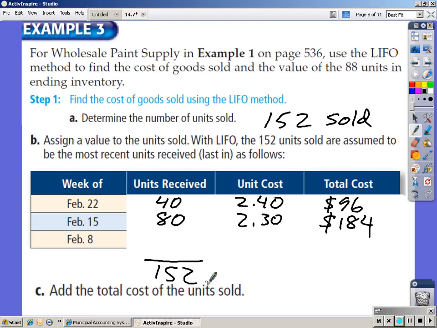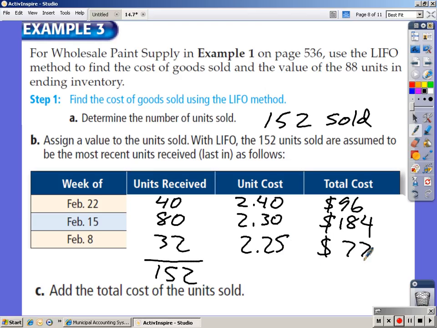On February 8th, we had 40 units come in, but we only need 32 of those. Okay, so we're going to take 32 units from February 8th at a cost of $2.25 a piece. 2.25 times 32 is $72.